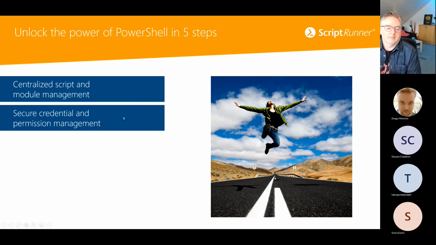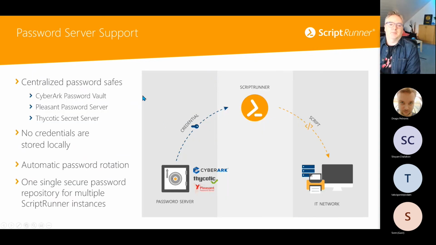Second step, managing credentials and permissions. And of course, credential is a very important topic. We just learned it with what happened at Uber. So what is very important is to make sure you don't have any kind of credentials anywhere near your scripts, and of course, not any hard-coded credentials.